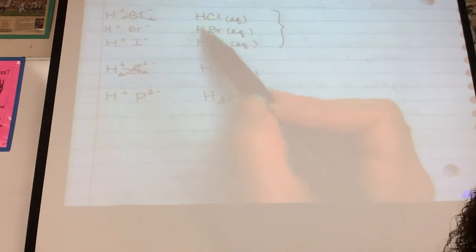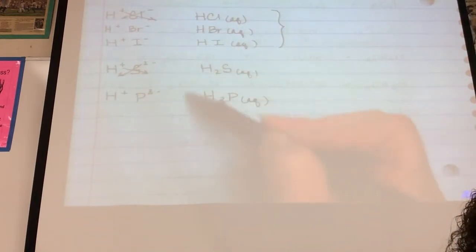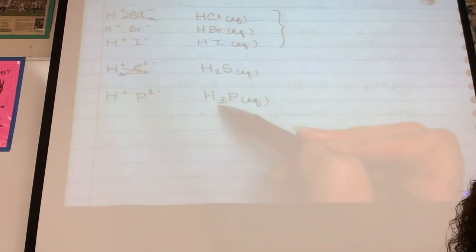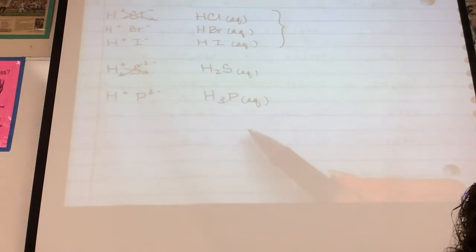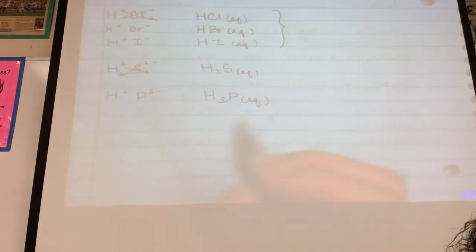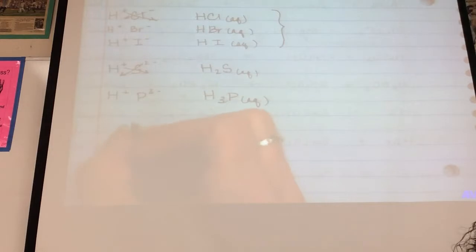Monoprotic, 1 ionizable proton. Polyprotic, more than 1. This would be diprotic because you have 2, triprotic because you have 3, and we'll hit that in a few minutes. Hydrofluoric acid then would simply be HF.